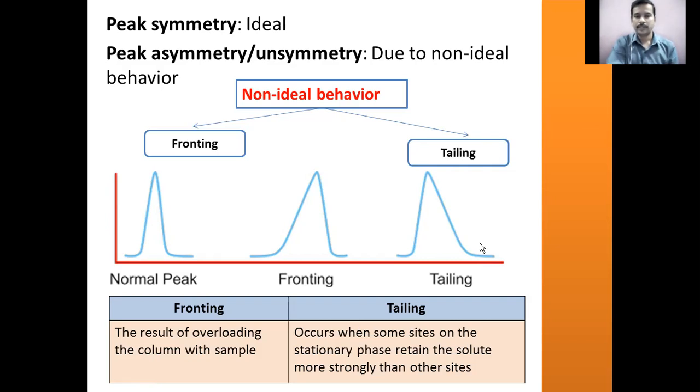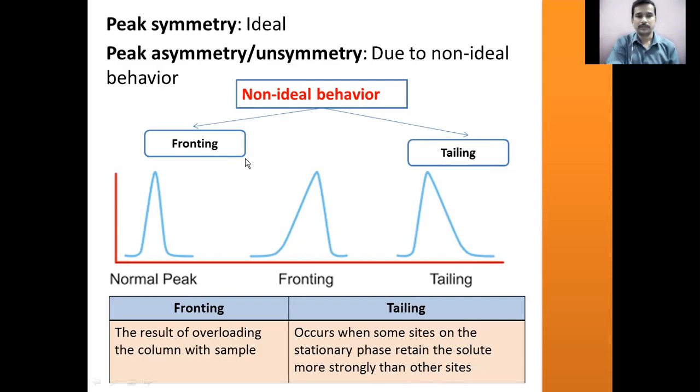Therefore, the partitioning there is different from the partitioning of the solute at other sites. Therefore, tailing occurs when some sites on the stationary phase retain the solute more strongly than other sites. So this fronting and tailing cause the non-ideal behavior of the chromatogram.